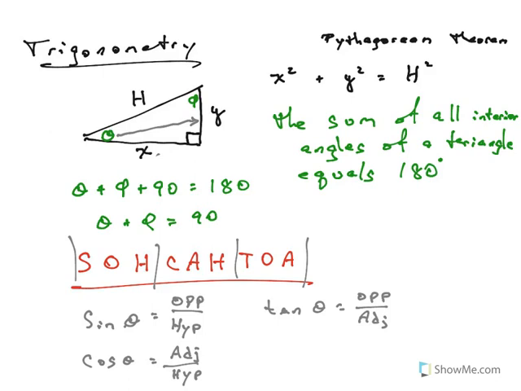So, let's take some examples. Let's check out some examples. Let's say we have this triangle here.